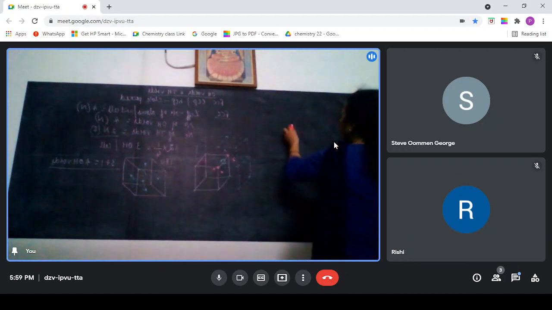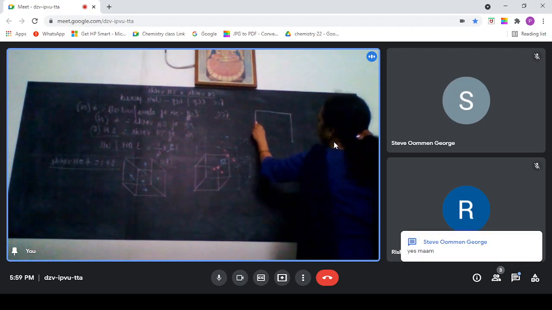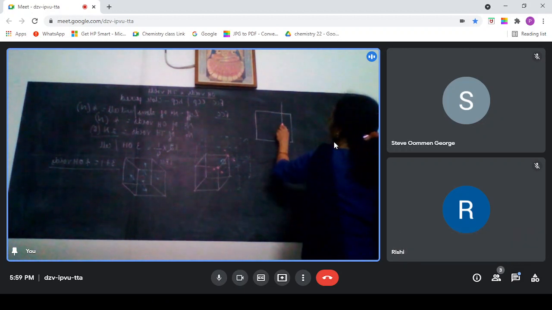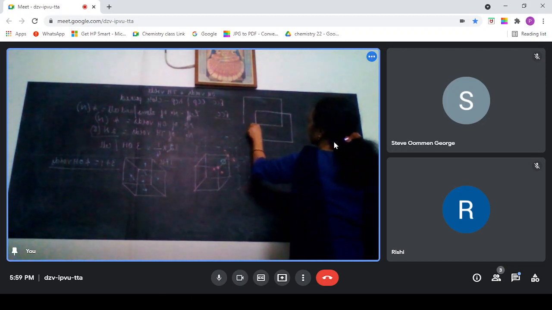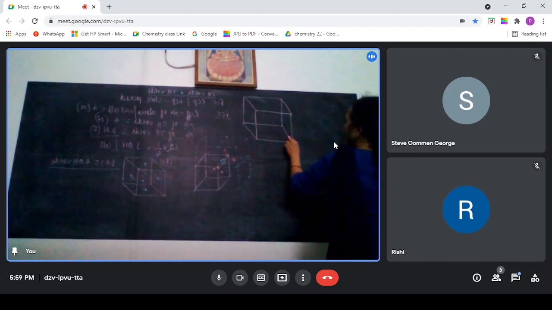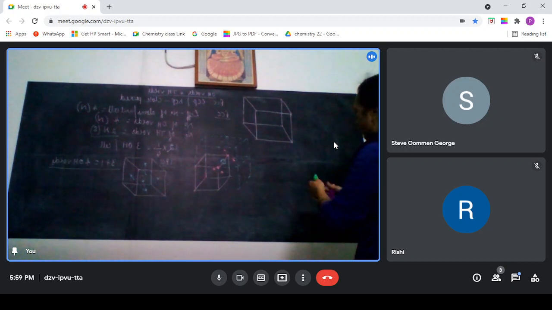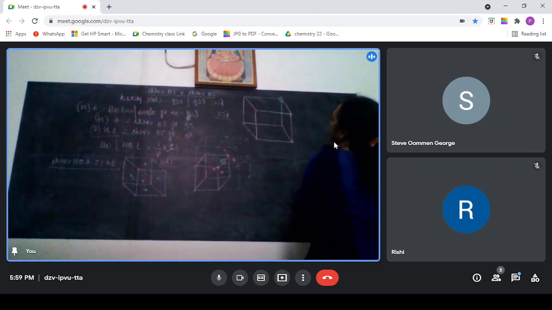Now, how are 8 tetrahedral voids created? You draw a bigger cube. I will show you how it is created. You will have one particle here.